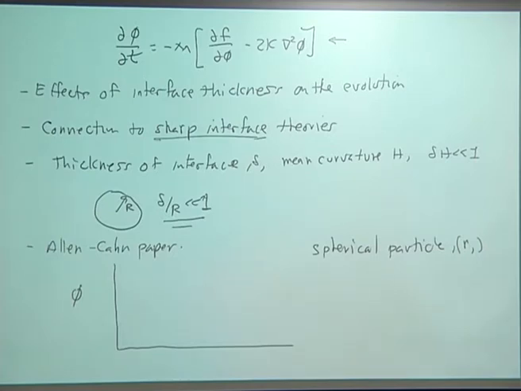I'm going to change the definition of the order parameter a little bit. No, I guess it doesn't matter. So we have an order parameter field that looks like this.